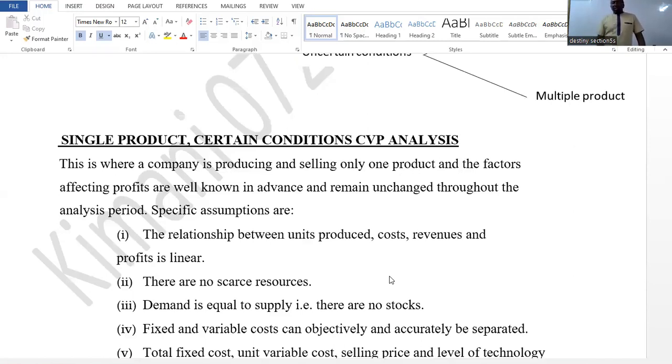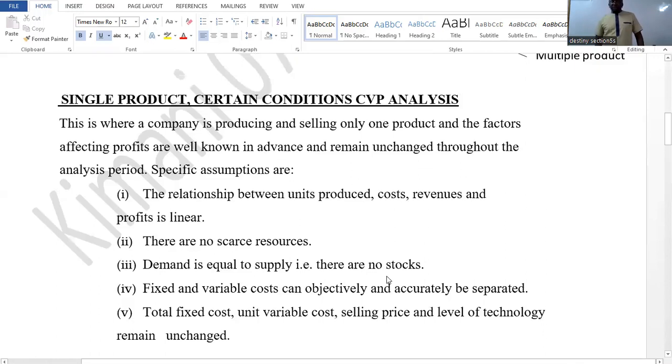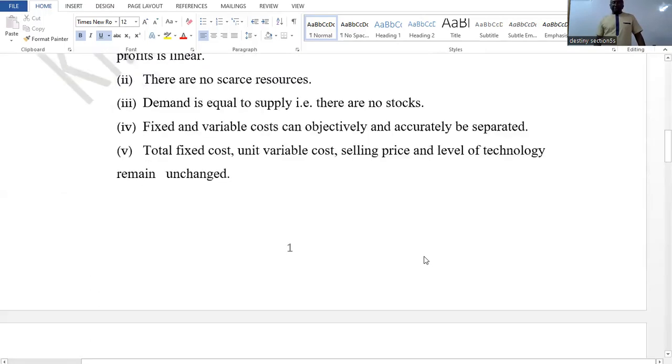And this is what we said when we were in the topic of cost forecasting. You said total cost is equal to fixed cost plus variable cost. The other thing is that total fixed costs, the unit variable cost, the selling price, and the level of technology remain unchanged. So they are not changing. They remain constant within the period of analysis.